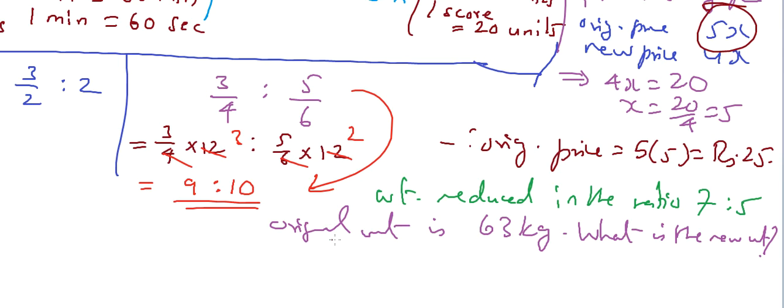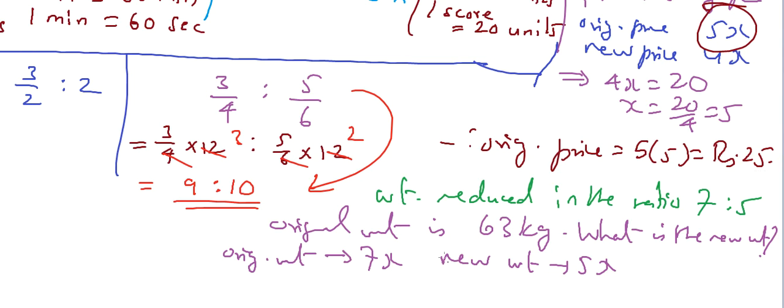In this case, since the ratio is 7:5, you can take the original weight as 7x and the new weight or final weight as 5x.